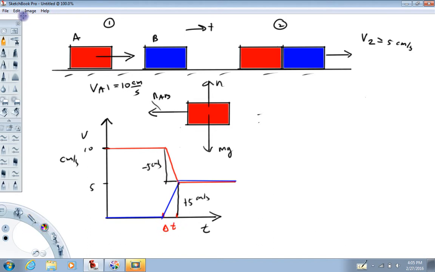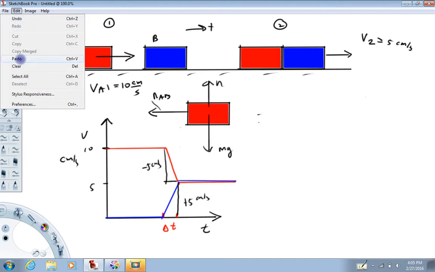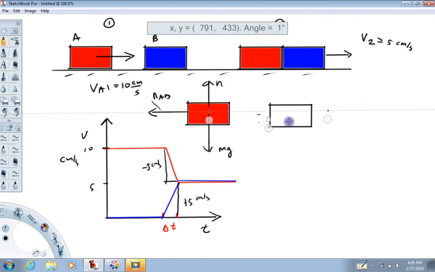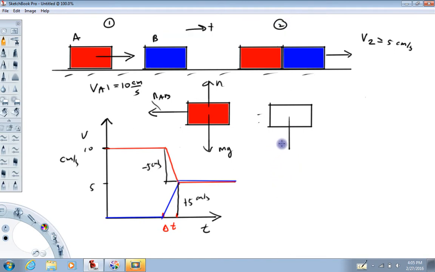All right, now we're going to think about mass B. So I'll create another one of these here. We'll think about what's going to be happening to this one. So we're going to have a gravitational force down, mg. We're going to have a normal up. And again, that's due to this surface and contact right here.